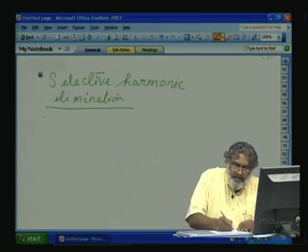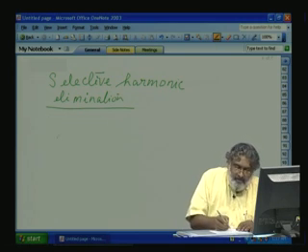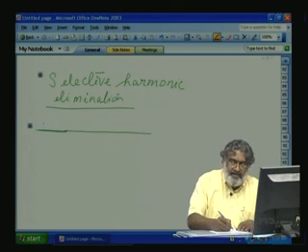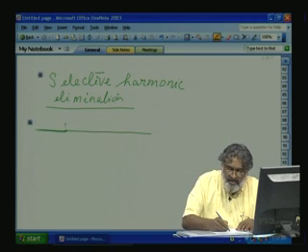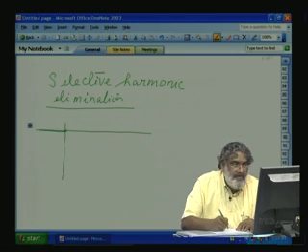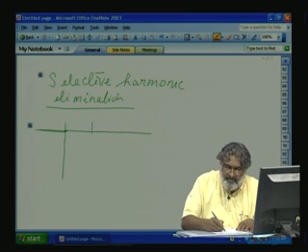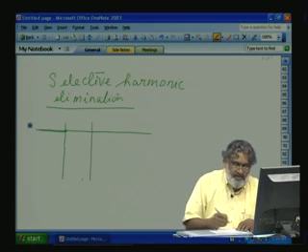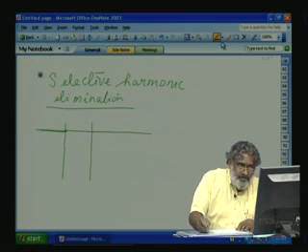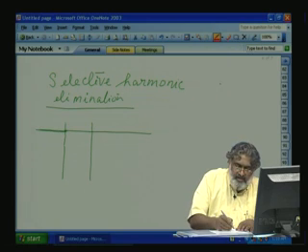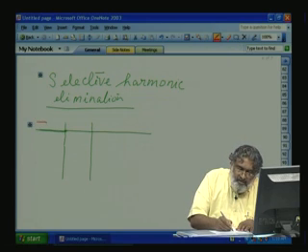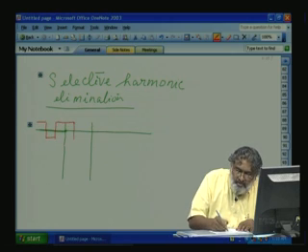Say we take our x axis, and we introduce notches. This is our pi by 2 point, this is our pi. Let us draw our waveform. We introduce notches like this, with exact symmetry about pi by 2.